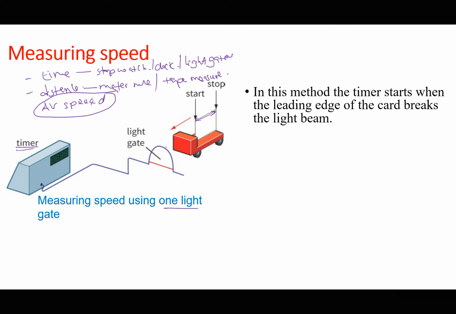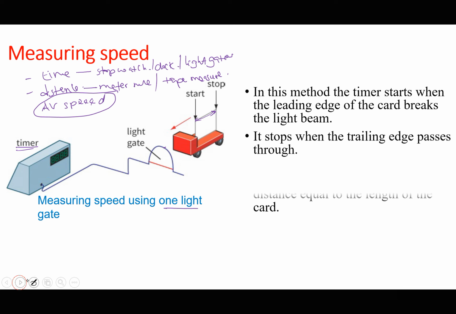As soon as the leading edge of the card reaches or breaks the light, the timer starts. And I expect the timer to stop when the trailing edge of the card passes through. So the timer will now show me the time it has taken for the leading edge to pass through and the trailing edge to pass through. And that time is going to be the time for my motion.